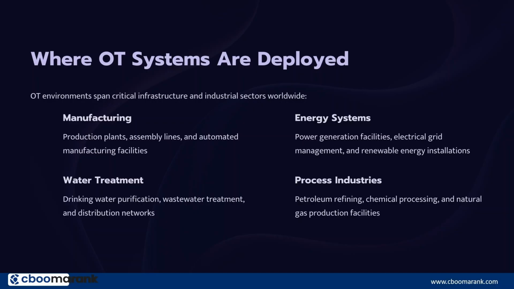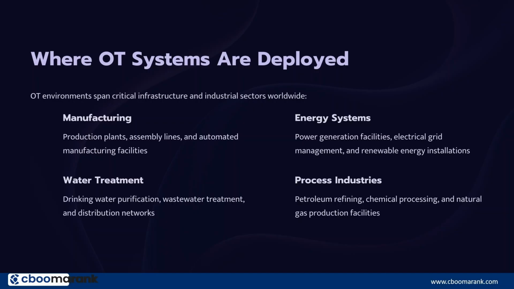In addition, process industries such as petroleum refining and chemical processing rely heavily on operational technology systems. This environment often operates continuously and cannot simply be stopped for maintenance or security updates. So this operational reality heavily influences how our framework, ISA/IEC 62443, approaches security.